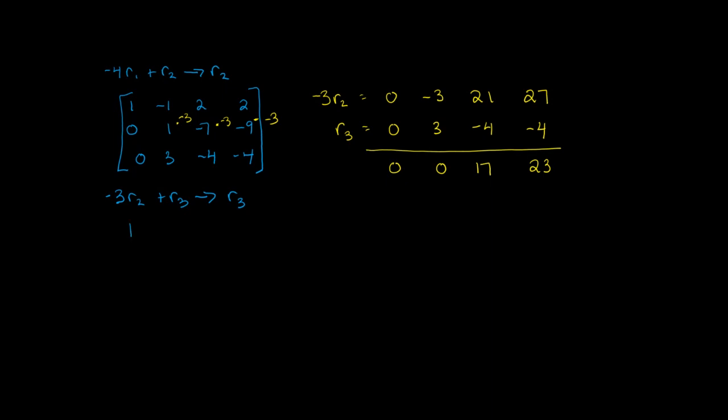So rewriting the matrix, you've got 1, -1, 2, 2, 0, 1, -7, -9, and then 0, 0, 17, 23.